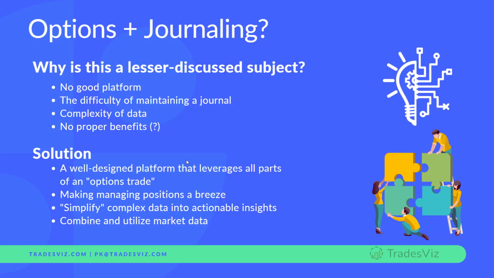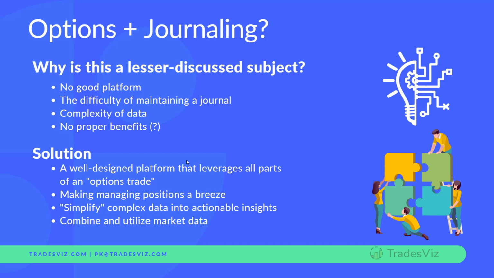So first, for most options traders, journaling is something that a lot of people don't do because it's not exactly straightforward, right? You have a lot of attributes to a single execution. Whether it's a put or a call, what sort of underlying is it? Is it a futures option, index option, stock option, strike, expiry? How do you put together all of this data?